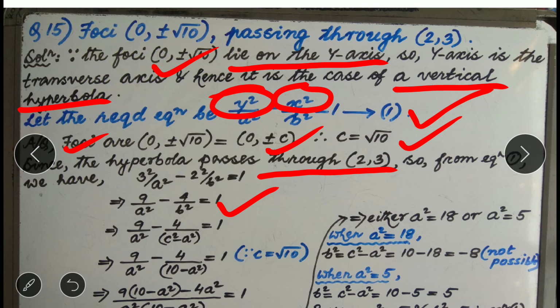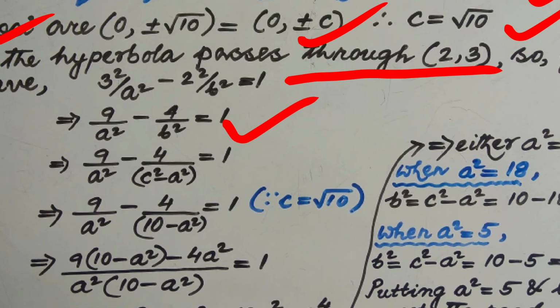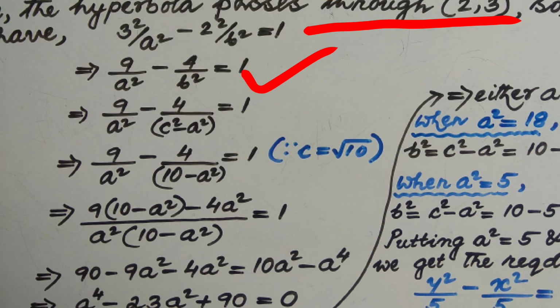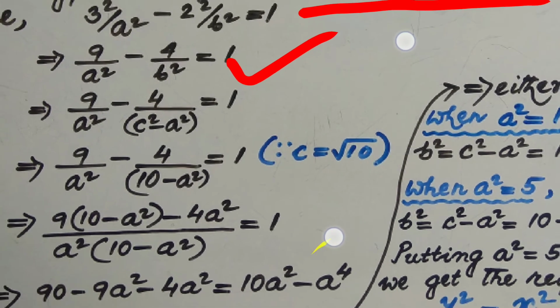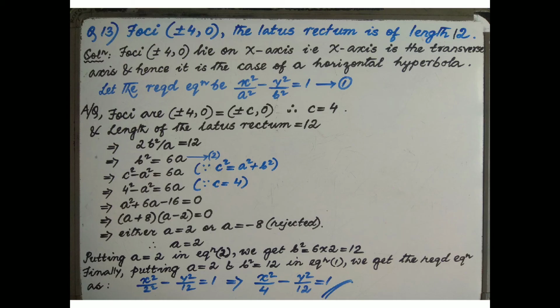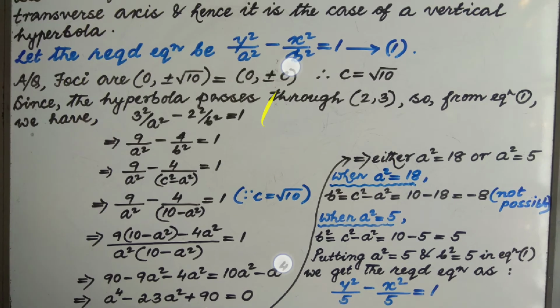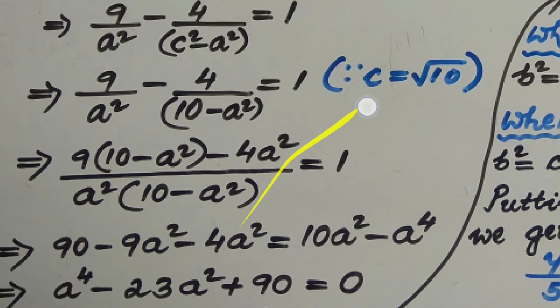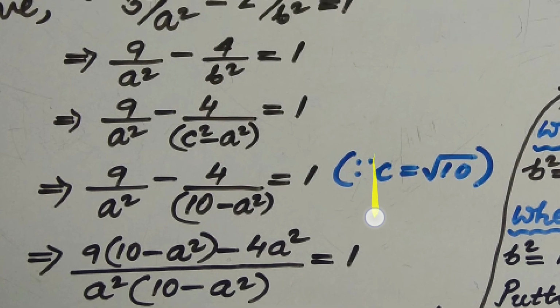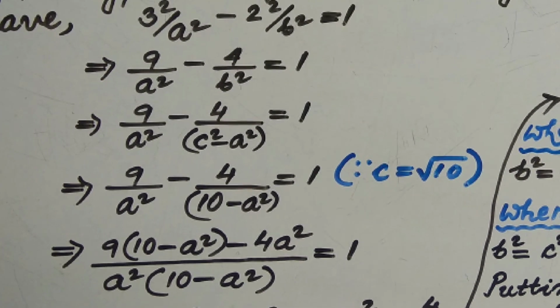Next step, let me zoom it a bit. So, what is the equation? We have 9 by a square minus 4 by b square equals to 1.